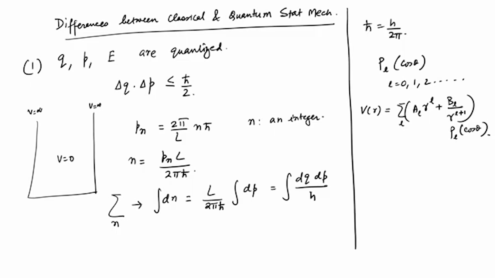This is just a simple example of a particle in a box, where even if you do not see the positional degree of freedom, it is actually there, and this L takes into account the positional uncertainty and so on.